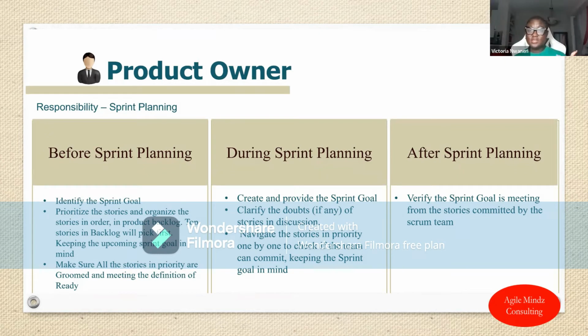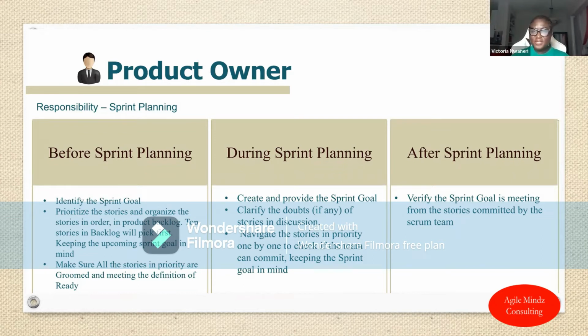And ensure that the team are confident enough to be able to commit to those stories during sprint planning. And then, of course, after sprint planning, they want to ensure that they verify whatever the goal, meaning whatever the commitment is, during that sprint. They also want to verify that it does meet the priority or wants of the business, and probably communicate those goals with the stakeholder if need be.